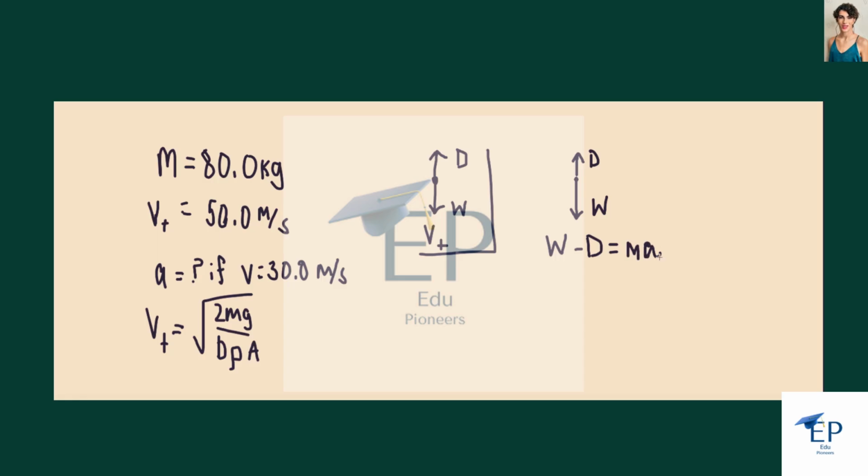Our goal is really to find this acceleration. So the acceleration is going to be the weight minus the drag force, so that's mg minus the drag force, and then we want to divide that by the mass. So it's going to be g minus D over m.